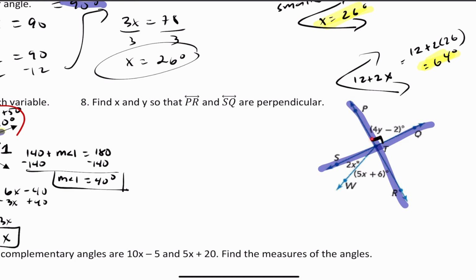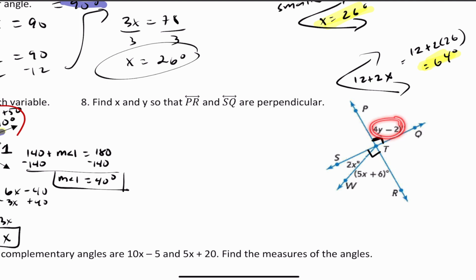If this here is 90, then this here has to be 90 degrees as well. All right. So, how do I set up my equation? Well, we can see that there's y right here, and it's literally taking that 90 degrees. It's equal to 90 degrees.